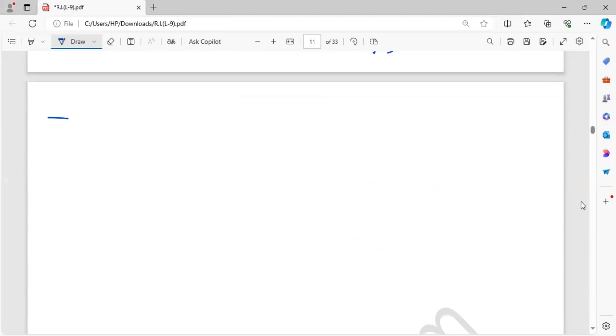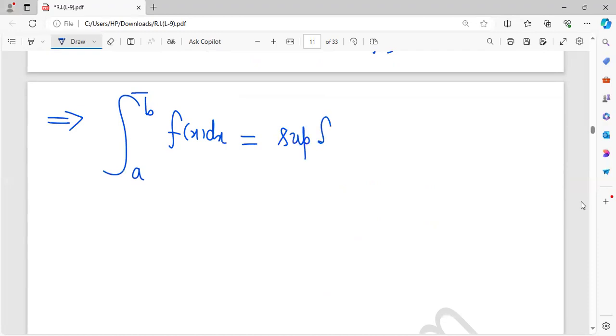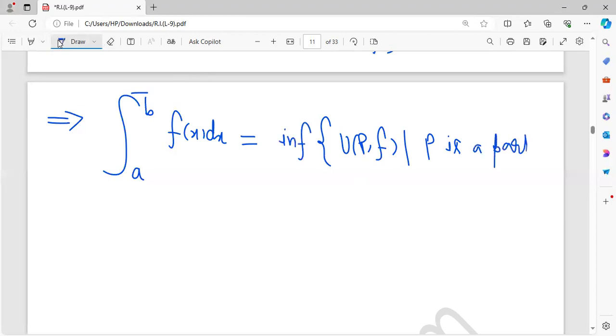So this implies the upper integral of alpha f(x) dx is the infimum of U(P, alpha f), where P is a partition of [a, b].